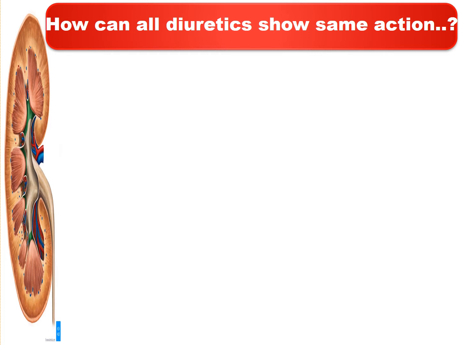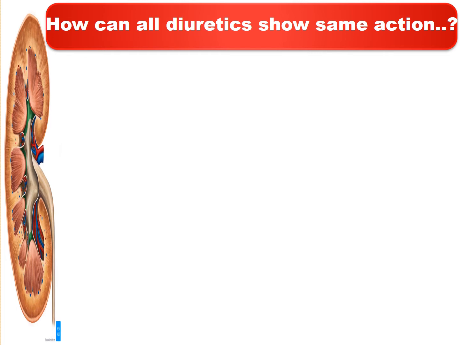But the question arises: different kinds of diuretics are being used, and all of them show an increase in urine formation. So how can all the diuretics show the same action, that is diuresis, meaning the net loss of sodium along with water?